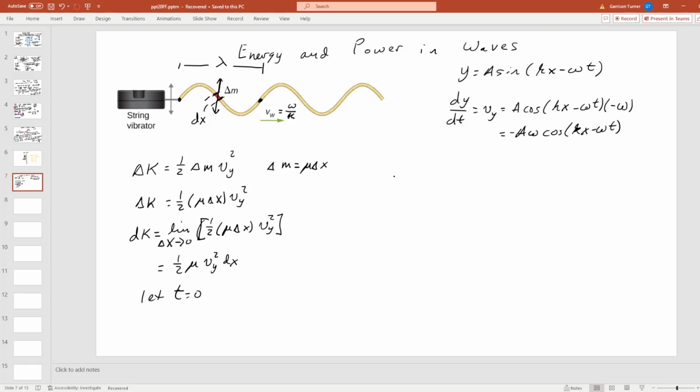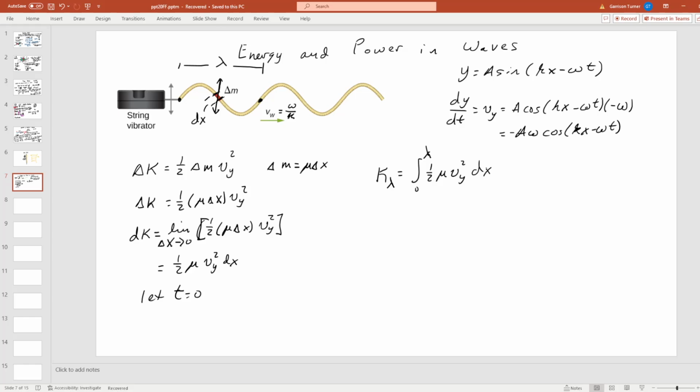So then we can say that the kinetic energy over a segment of wavelength is equal to the integral from 0 to lambda of 1/2 mu Vy squared dx.